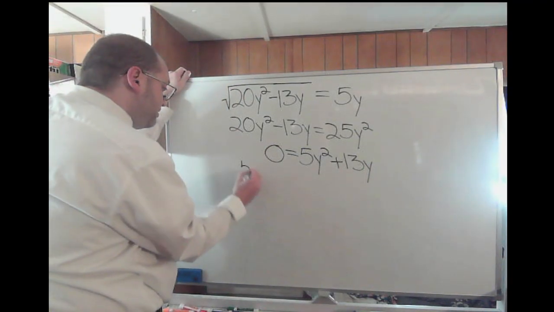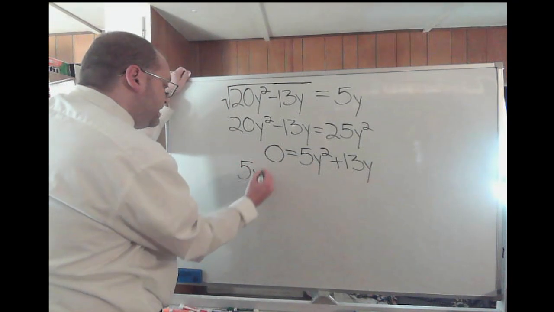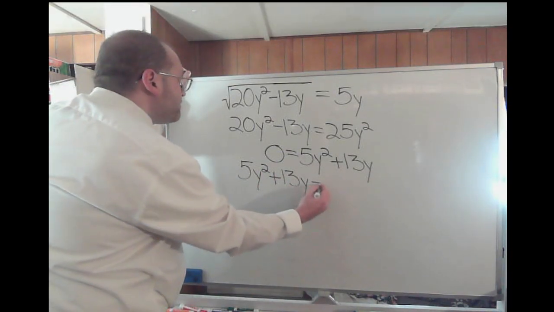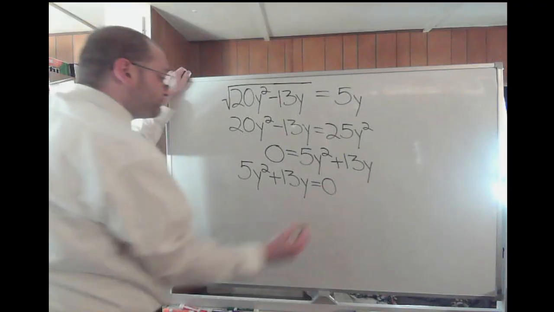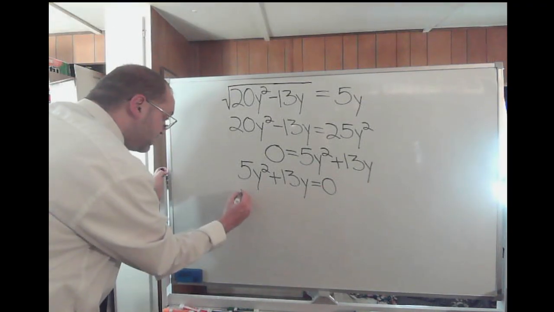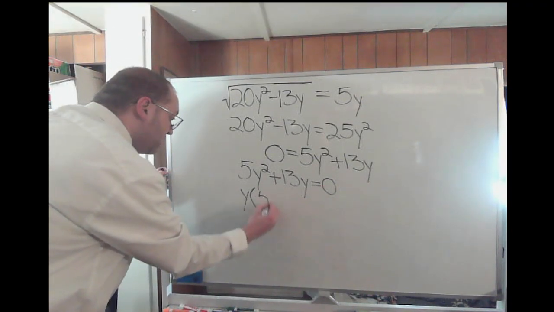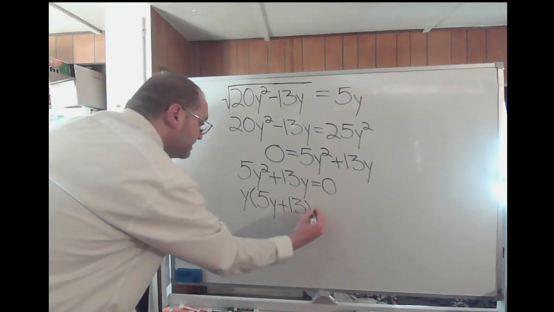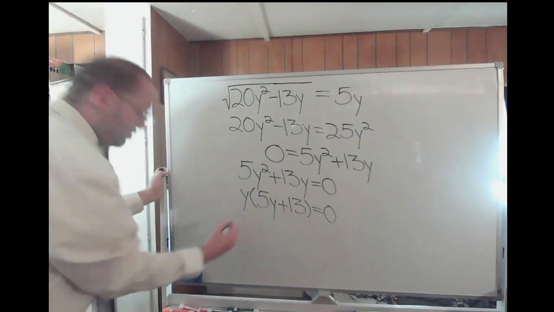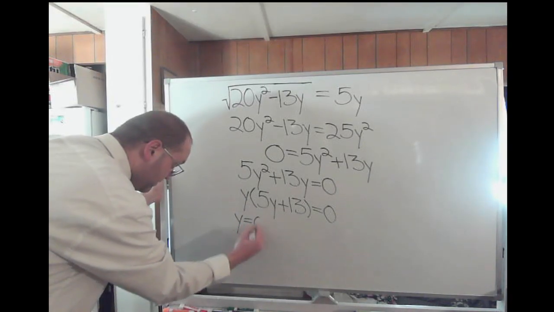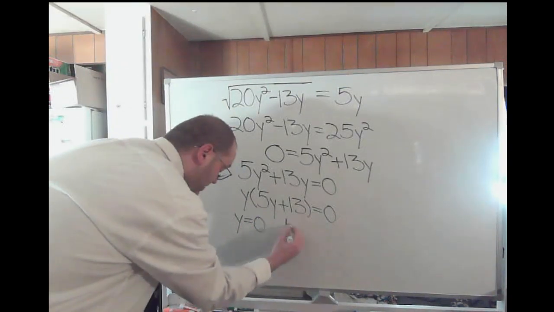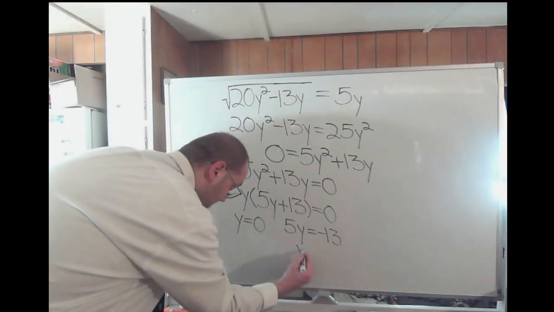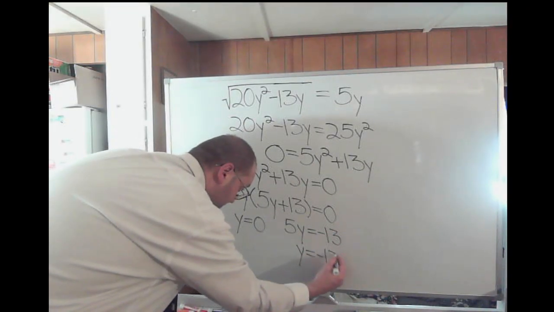Now let's rewrite this here. You'll have 5y squared plus 13y equals 0, which means you can factor out a common y. So you get y times 5y plus 13 is equal to 0. So you'll get y equals 0 as one of your solutions. Then you'll have 5y equals negative 13, which means y equals negative 13/5.